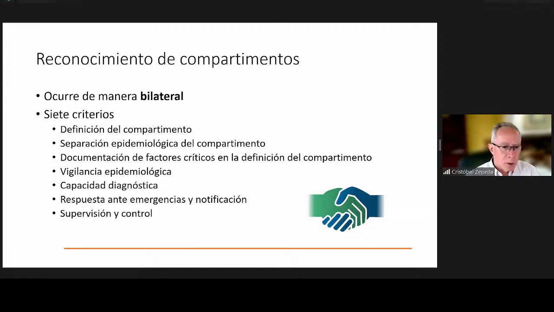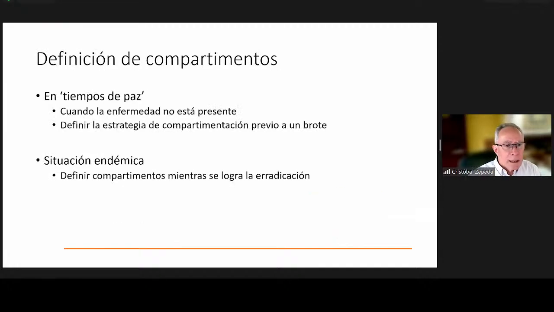To look at critical aspects, we need epidemiological surveillance both in and out of this compartment. We need diagnostic capacity in the country to detect the diseases that we will establish this compartment for. We need to have emergency measures, supervision and control, and surveillance. Compartments are defined during times of peace, where there's no disease presence.